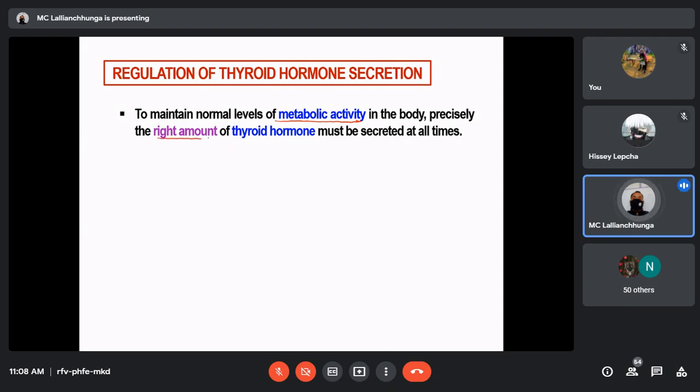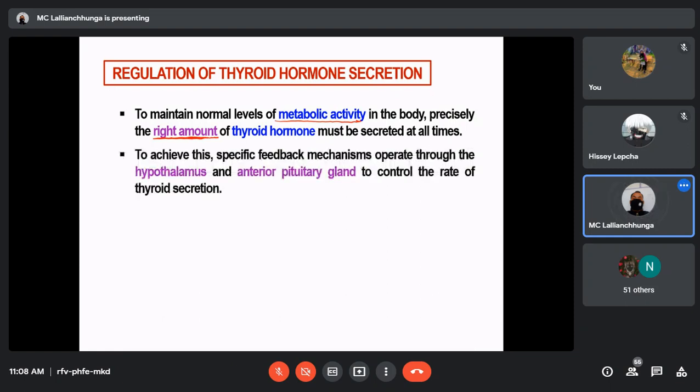The optimum amount means a range, with a minimal level and a maximal level. Within that range, thyroid hormone concentration should be maintained. If it is too much, there will be a problem; if it is below the minimal level, there will be another problem. So the thyroid gland should secrete the optimal amount of thyroid hormone to maintain normal metabolic activity.